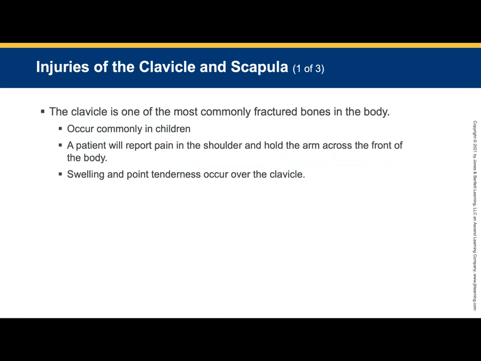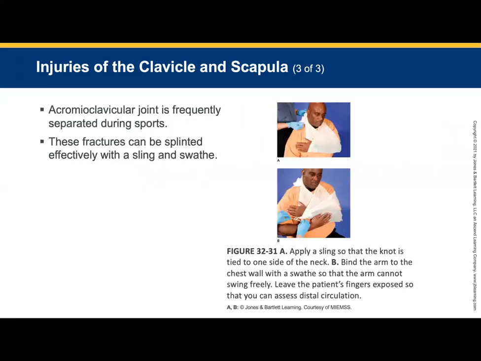So clavicles and scapulas, we'll show you. I'm just going to show you this right here. This is a sling and swath. Those are most of the ones that you're going to want to use for the clavicle and scapula area, because it supports the arm with the body, and then you use one to go up and around the neck. You'll create a little hole right here, and then you'll do one around the body too, because that keeps it from any side motions and secures it more to the body.